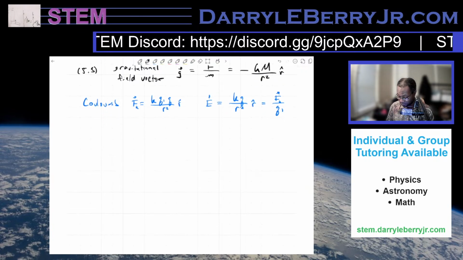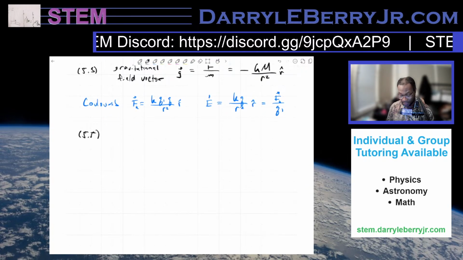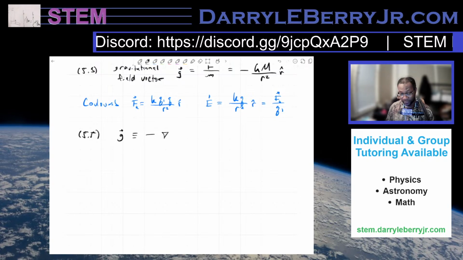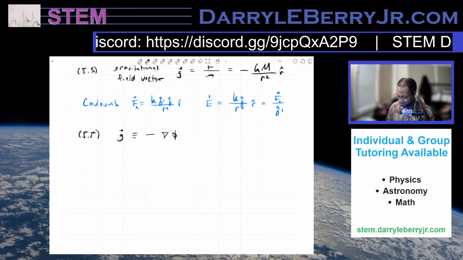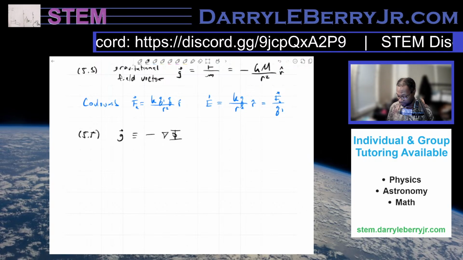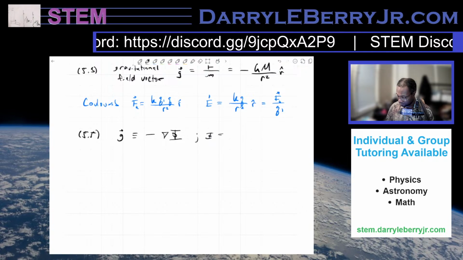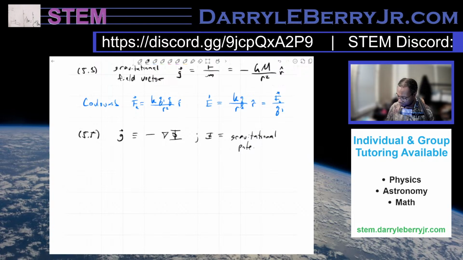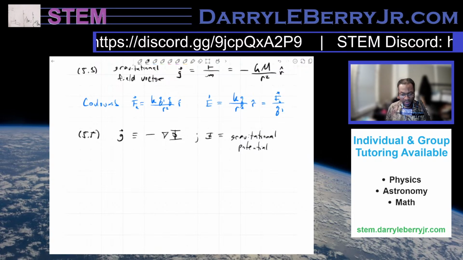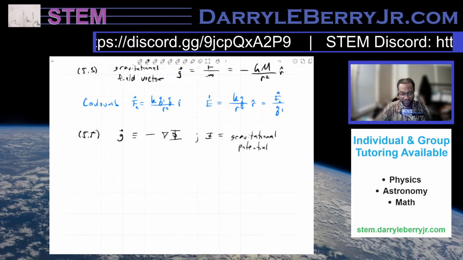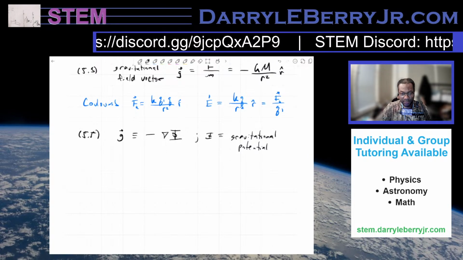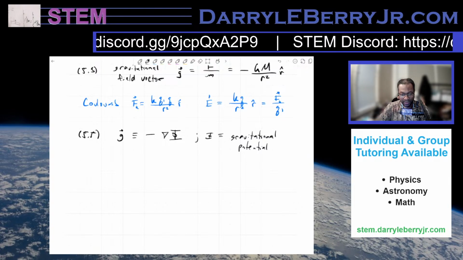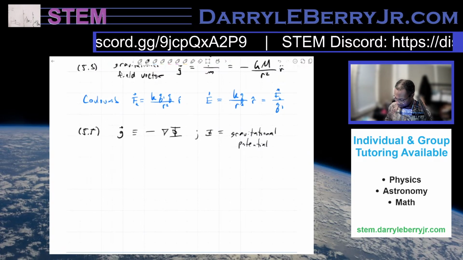So for 5.5, the gravitational field vector is the same thing as the negative gradient of the gravitational potential. So easy enough then. Thinking we could just take an integral to get phi. Let's see how that works out.